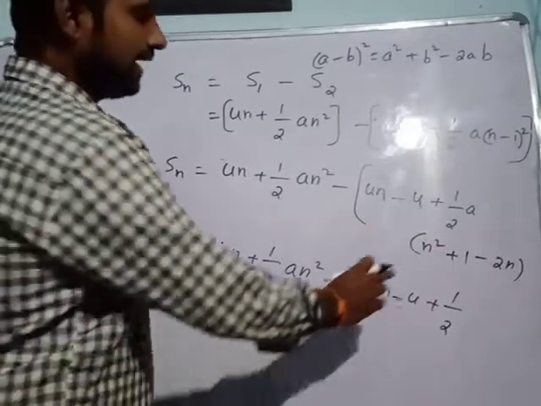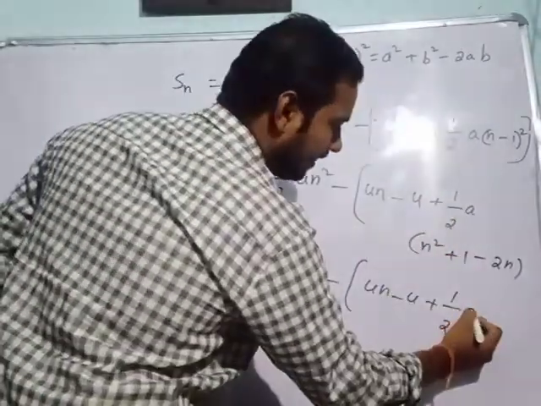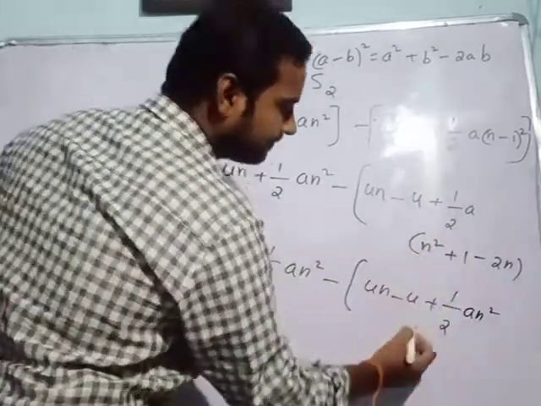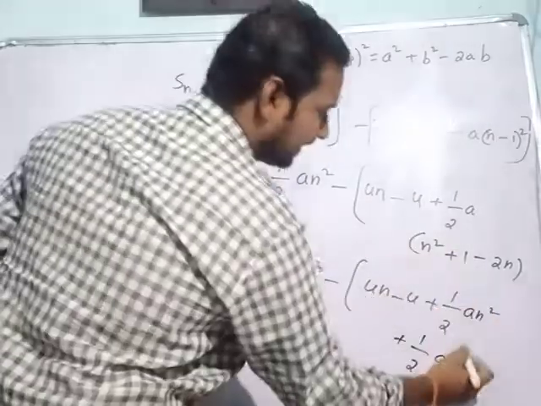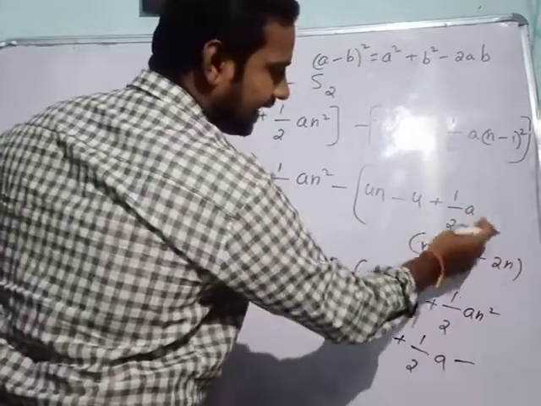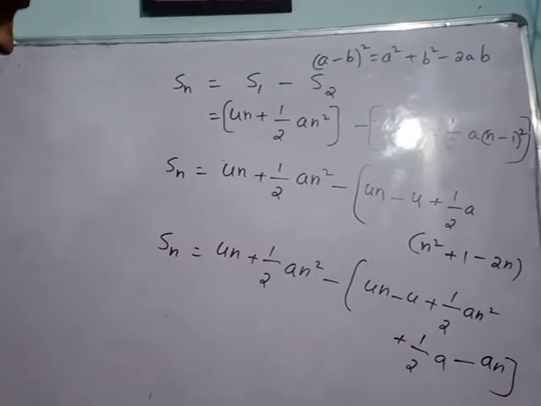So half a into n square, plus into plus is plus, half a n square. Again plus half a into 1, same, half a. Now plus into minus is minus. So half a into 2n, 2 cancel, a into n, an. Clear? All of you okay?